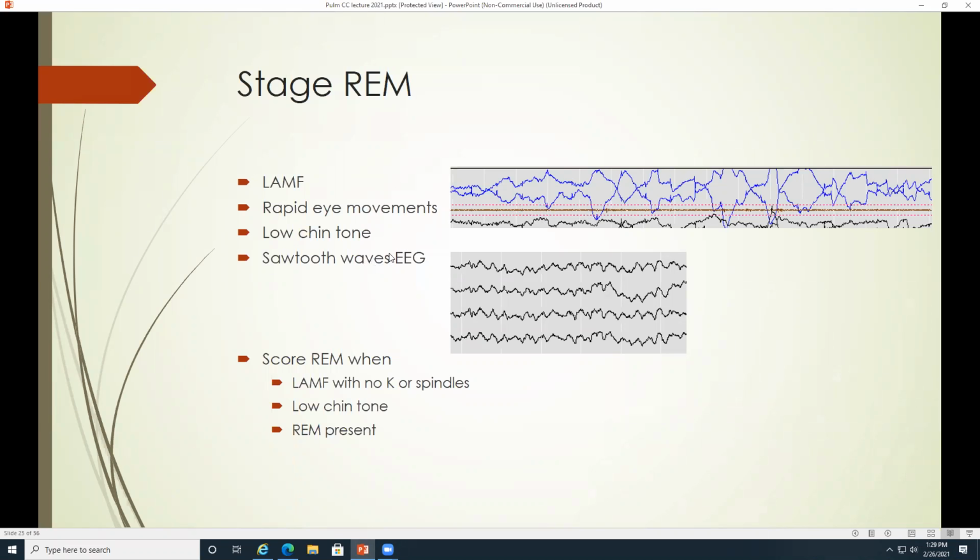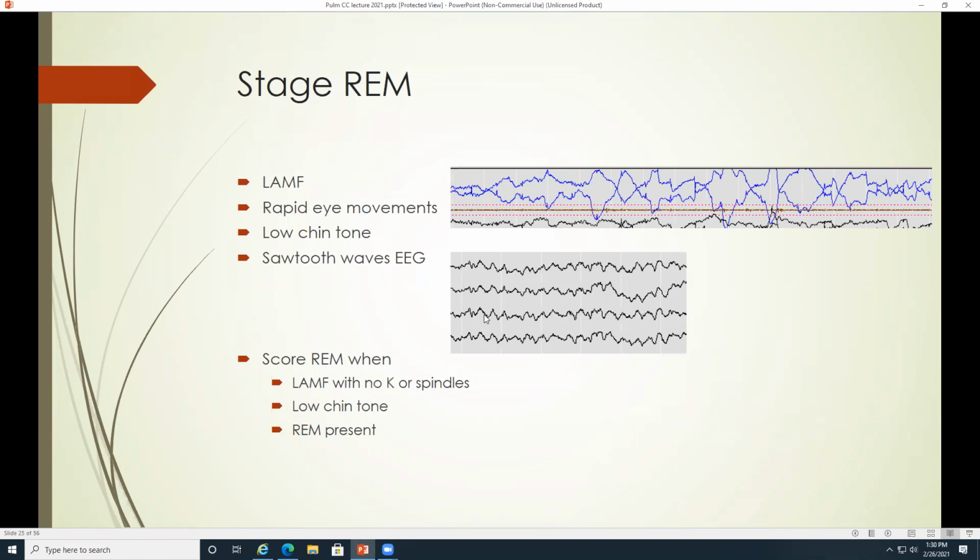You can also get these sawtooth waves on the EEG. The name is descriptive. These will usually occur right before people have bursts of rapid eye movement. You see that, and right next to it the eye movements kick in, and that happens over and over again during REM sleep. But you don't always have sawtooth waves.